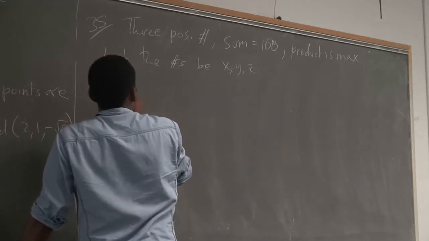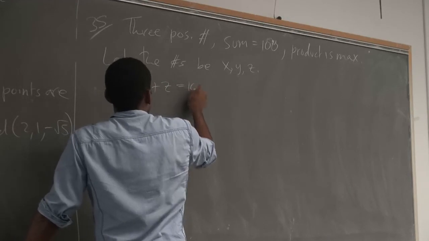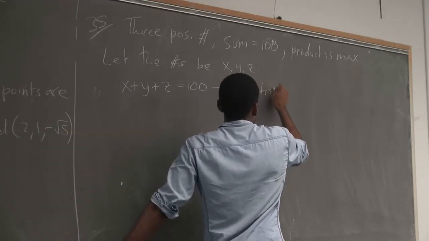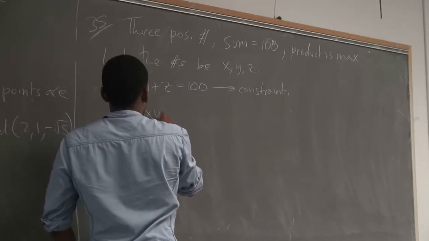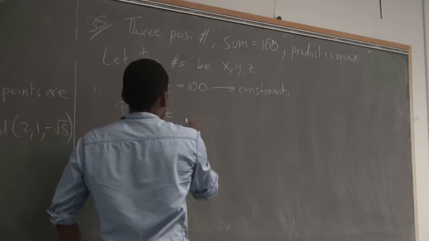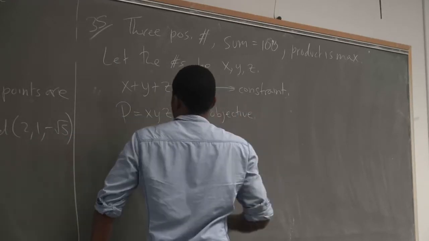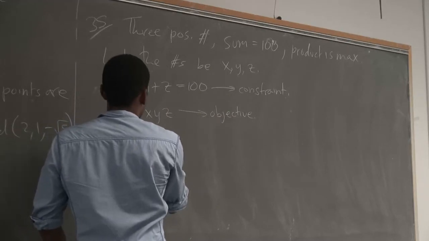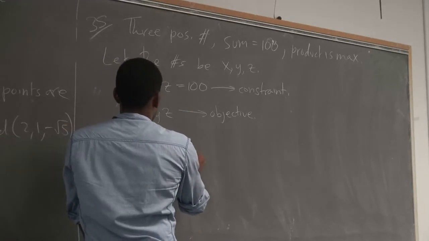So we know that x plus y plus z is equal to 100. This is our constraint. And p is equal to xyz. This is the objective. I can solve for z from the constraint and plug it into the objective.